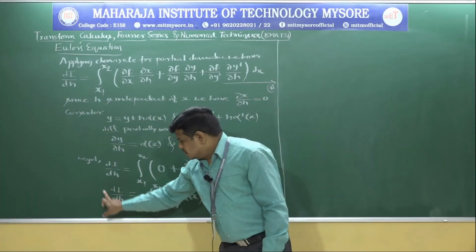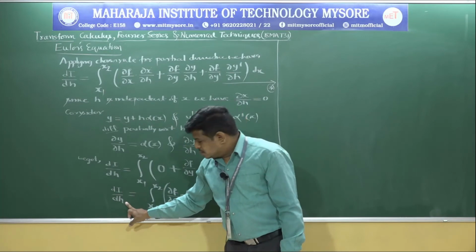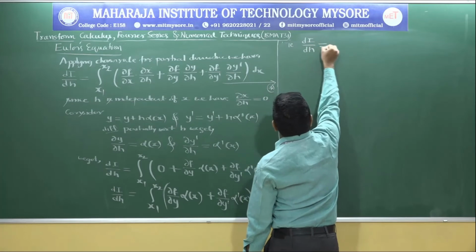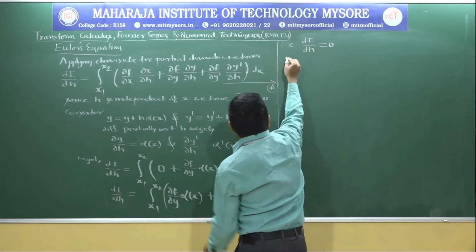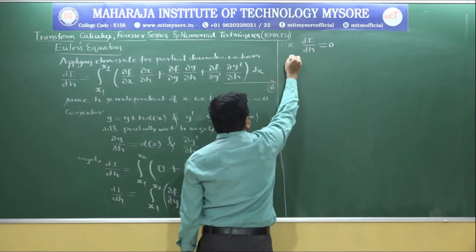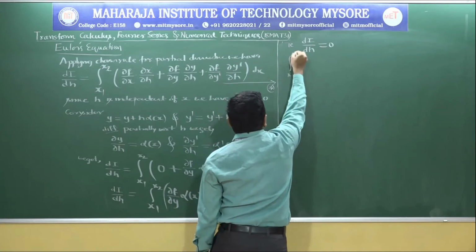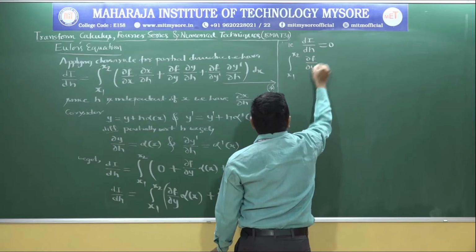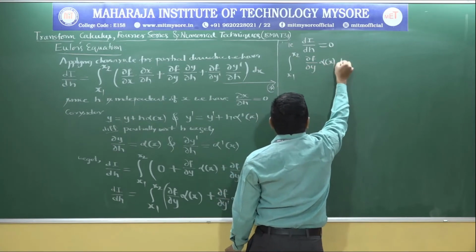For maxima and minima, the first order derivative dI by dh becomes 0 at h equals 0. Now we have the integral of x running from x1 to x2 of dou f by dou y into alpha of x, dx.